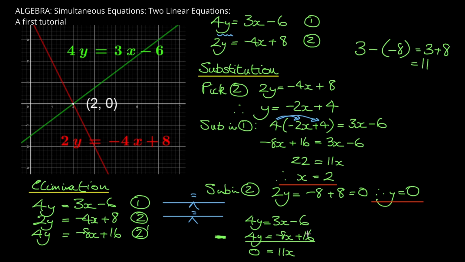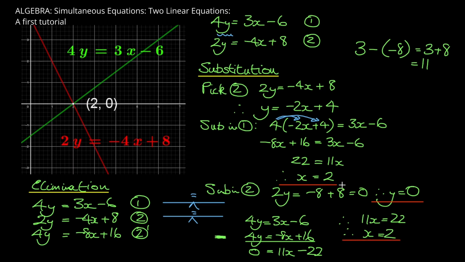Negative 6 take away 16 will make the negative 6 drop down to negative 22. And you can see we've got the same answer forming here. So therefore, rearranging things, I've got 11x is equal to 22, and therefore x is equal to 2. And there's that same result again.